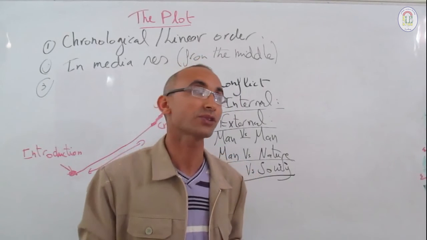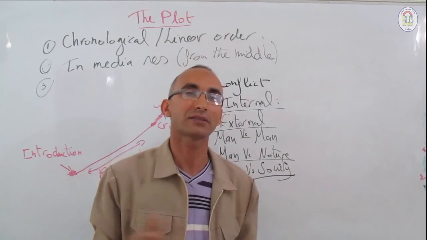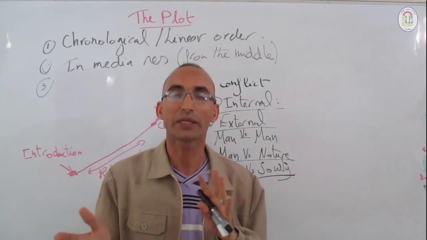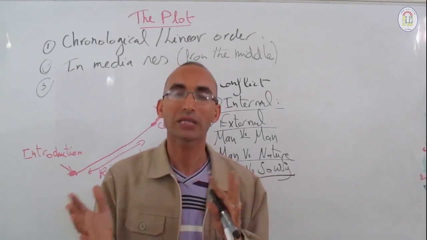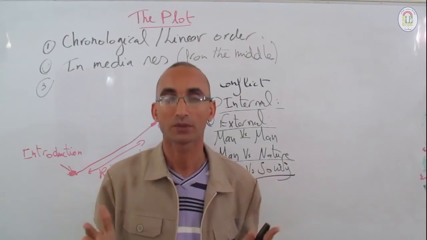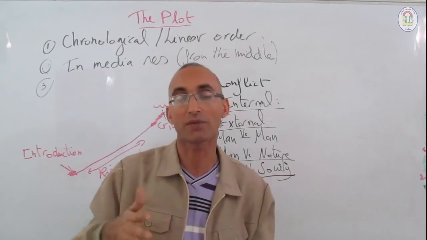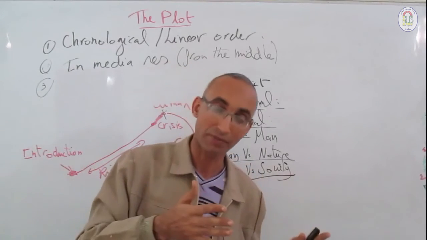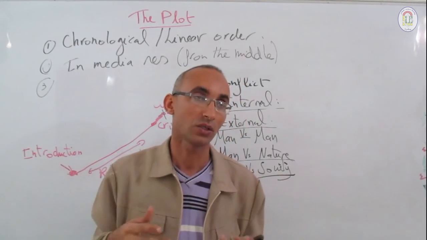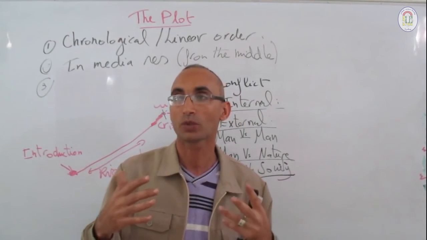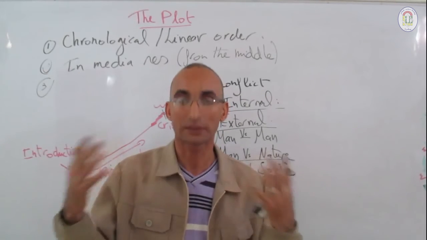Now, if we also want to highlight a distinction between the two types of plots. We know that we have the plot, a series of events from the beginning of the story till the end. Usually these events are ordered chronologically.